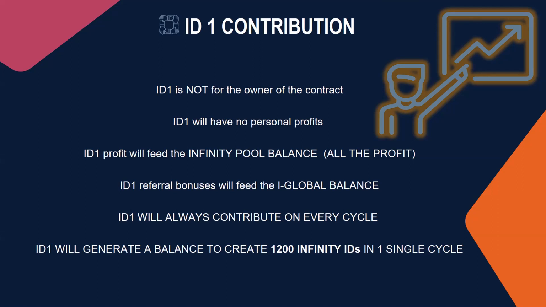The owner is not owning the ID1. It is a new system that has just been created, never been on the market before, something so innovative and smart in the way it makes the system work and go faster, so every person can earn faster from the system itself.